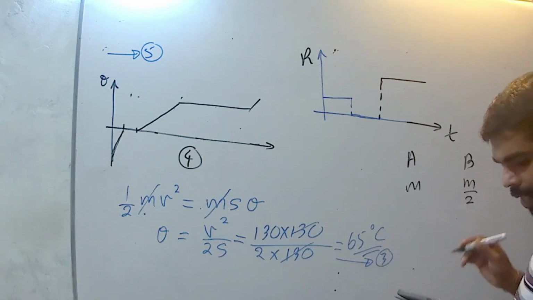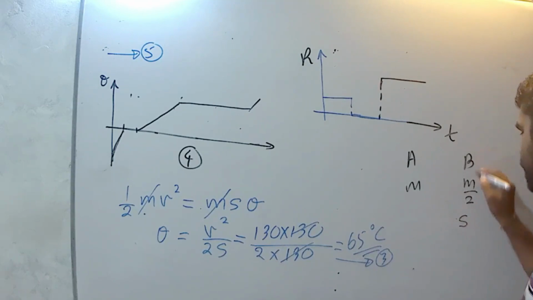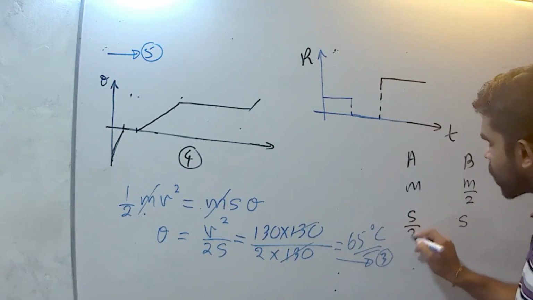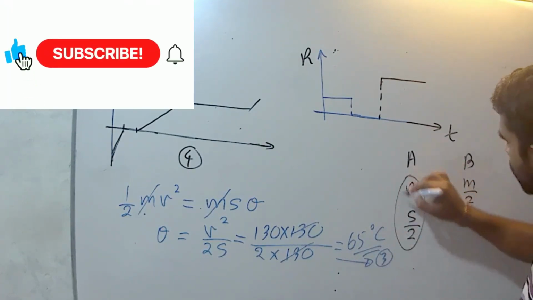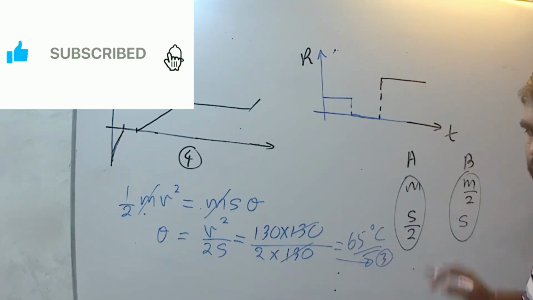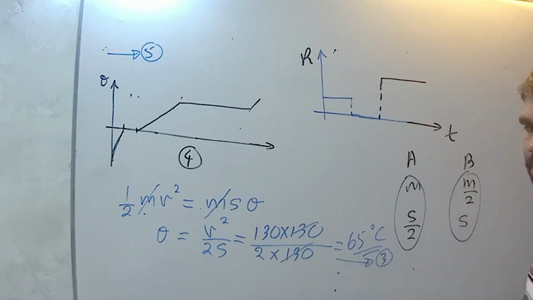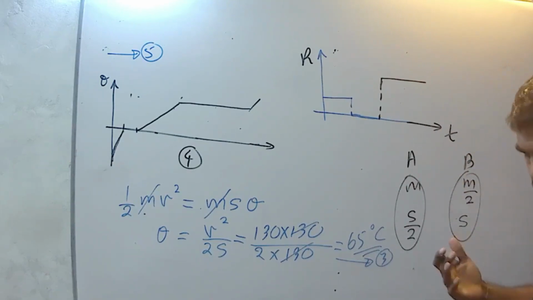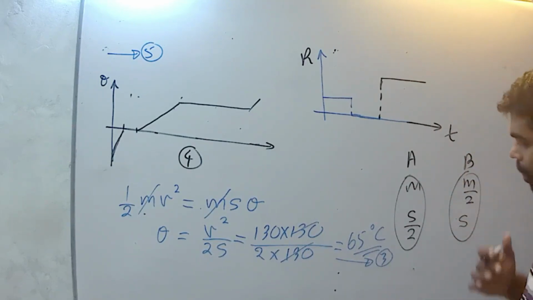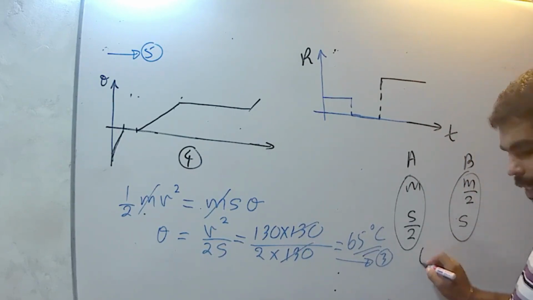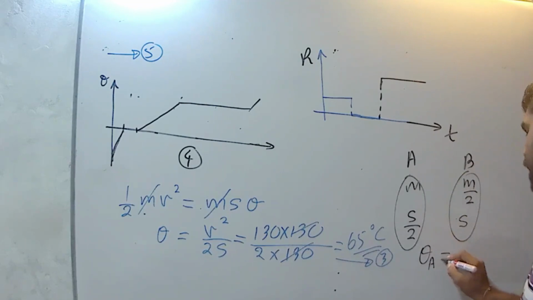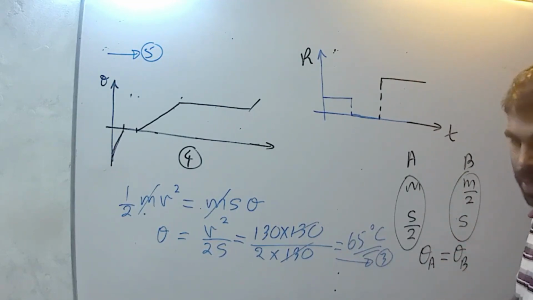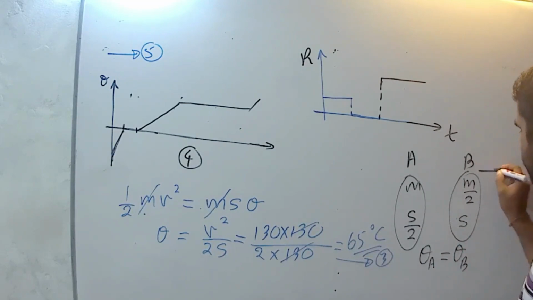If the specific heat capacity of B is S, A is S over 2. When considering the m s product, we get the same value for both fluids. It means they have the same heat capacity. Therefore, when given the same amount of heat energy, the temperature increase of A is equal to that of B. Theta A equals theta B, then the answer is 1.